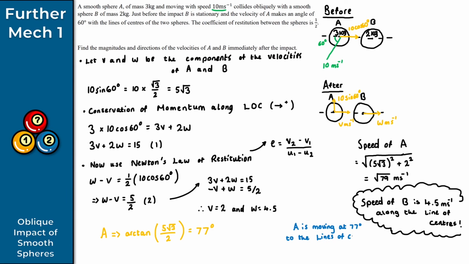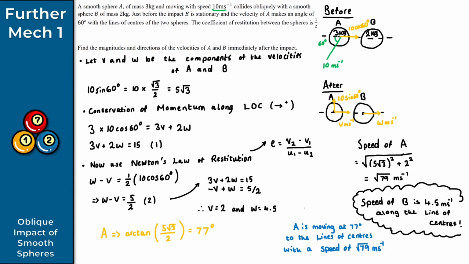Doesn't really matter too much, I'm just being a little bit pedantic. So A is moving at 77 degrees to the lines of centers here with a speed of, what was the speed here? Root 79 meters per second.